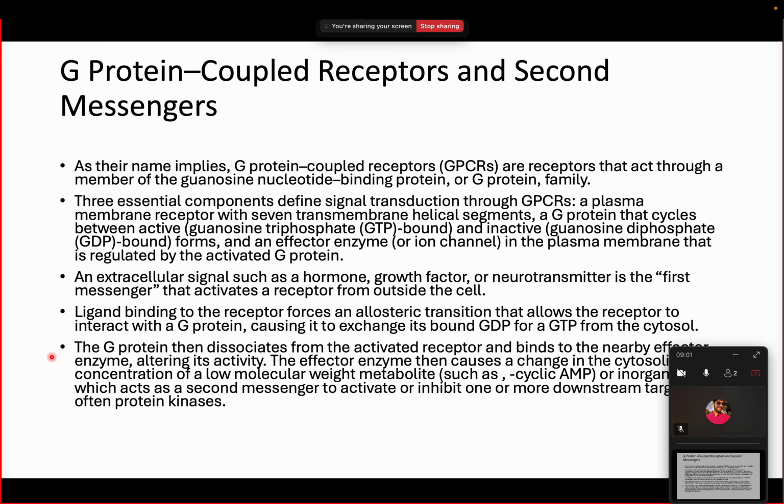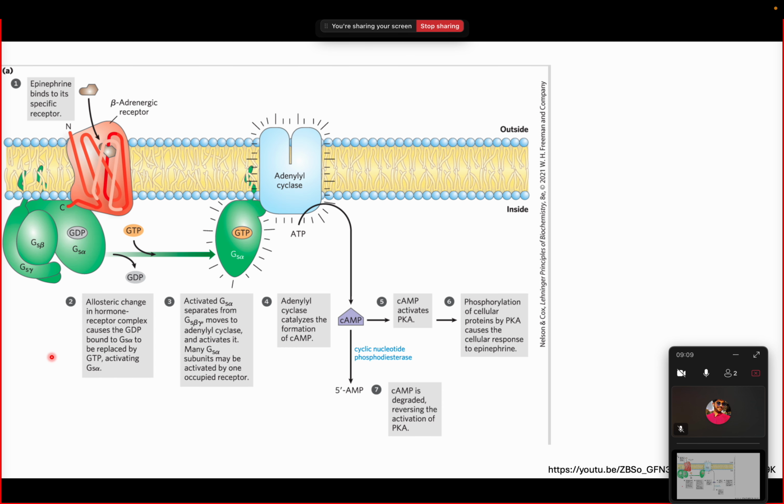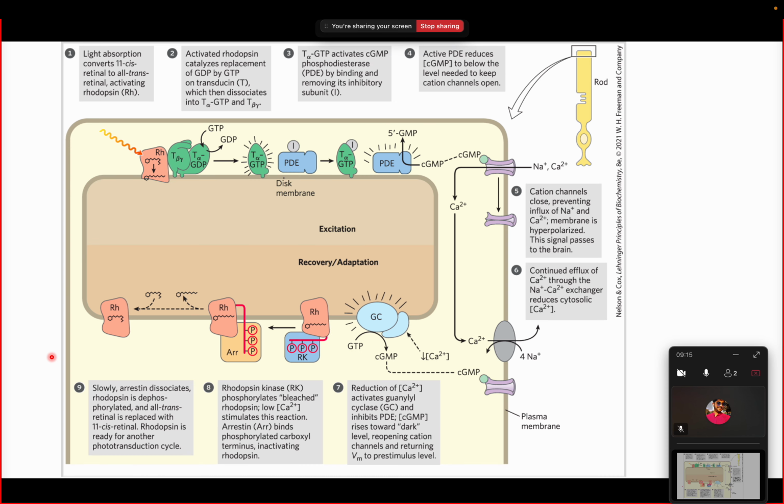So we were studying G protein coupled receptors, and we learned some basics about GPCRs. We saw what the major steps involved in GPCR signaling are, what the basic structure and representation of a GPCR is, and how GPCRs actually work.